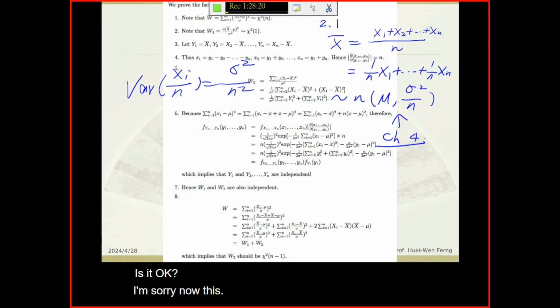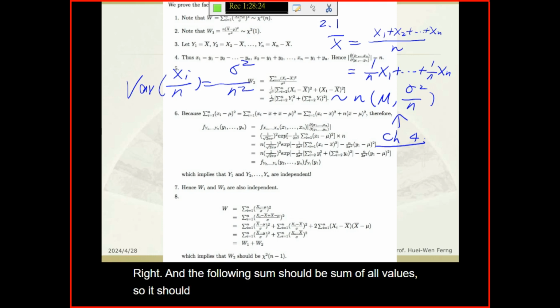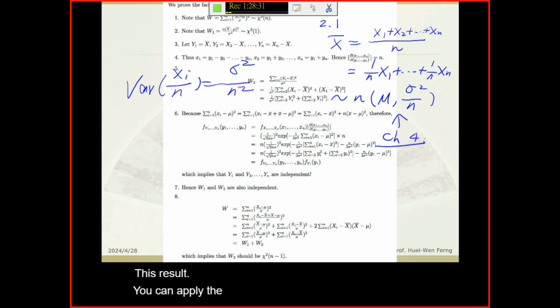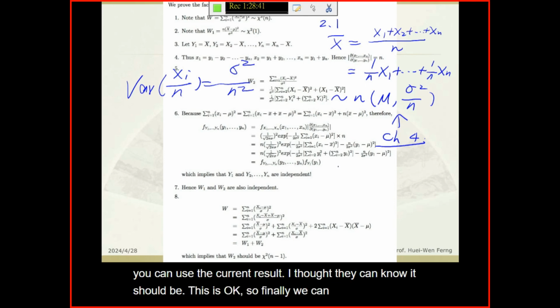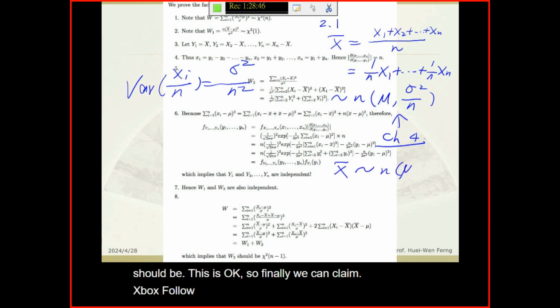And the mean of the sum should be the sum of all values, so it should be this result. You can apply the result derived in chapter 4, or maybe you can use the current result, and so they can know it should be this. Is it okay? So finally, we can claim X bar follows this. No problem, right?